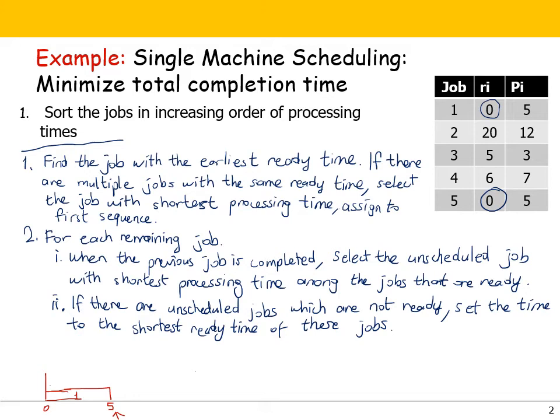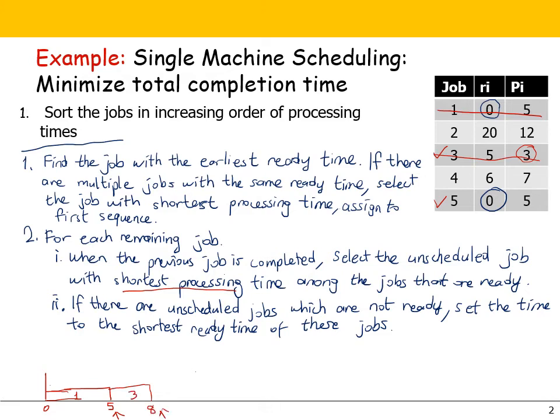Which jobs are ready at time 5? We already scheduled job 1, and at time 5 we have job 3 and we have job 5. What shall we do? According to this step here, we will select the one with the shortest processing time, which is job 3. So now we are scheduling job 3 here with a processing time of 3 that goes to 8.